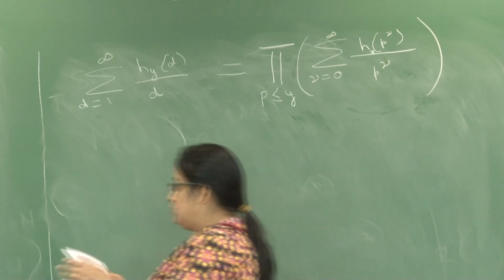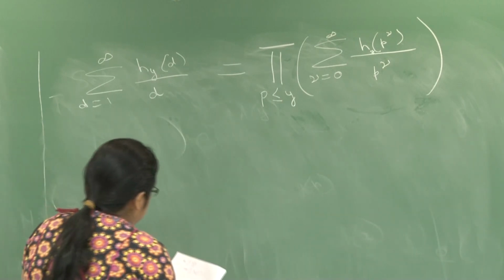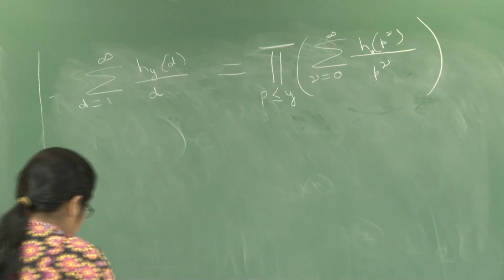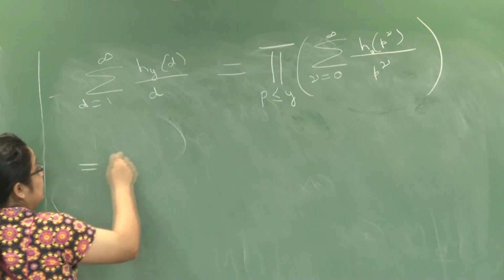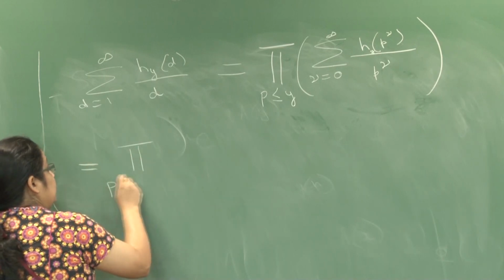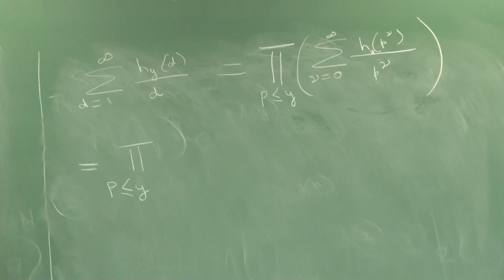So what do we do here? We write this as product of all the primes up to y.